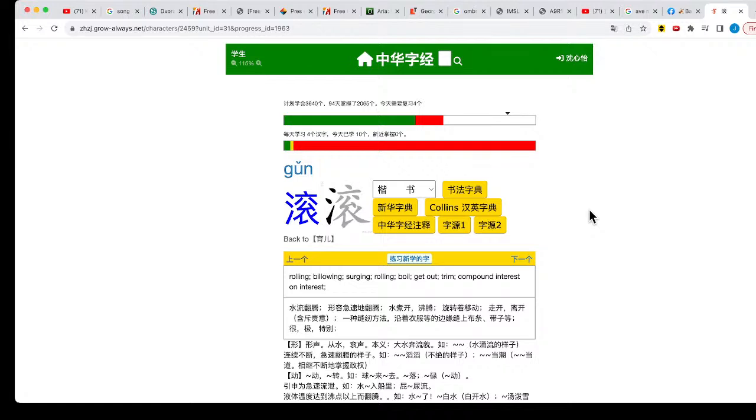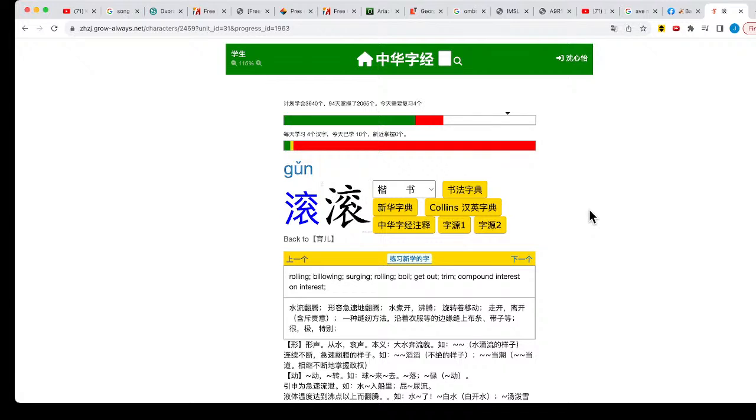Also it's a command, like 滚, that means get out of my face. It also means that you trim clothes edges, called 滚边. That means you make a trim on the edge of your clothing. And 滚利息, that means compound interest. Interest upon interest, 滚起来, more and more.